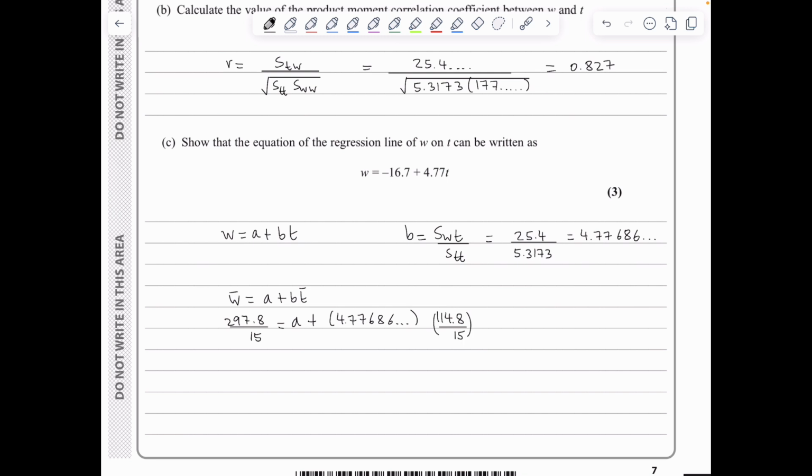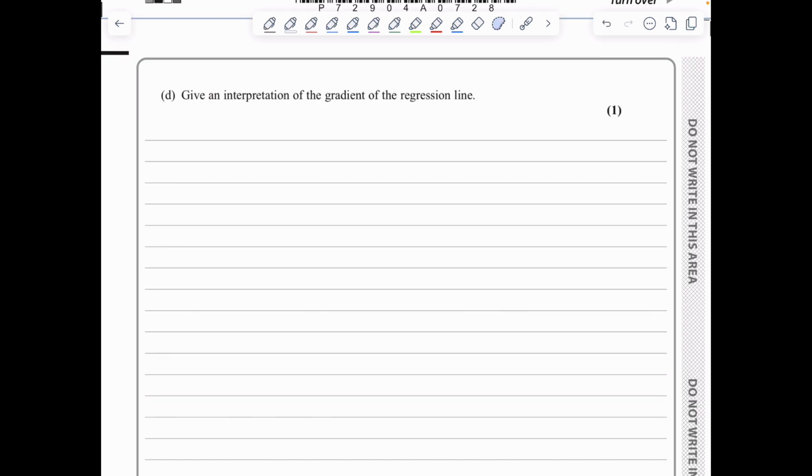Now this leads to 19.853... being equal to A plus 36.5589... and therefore A turns out to be minus 16.70557... So my final answer is that the equation of the regression line of W on T is W is equal to minus 16.7 plus 4.77T as required.